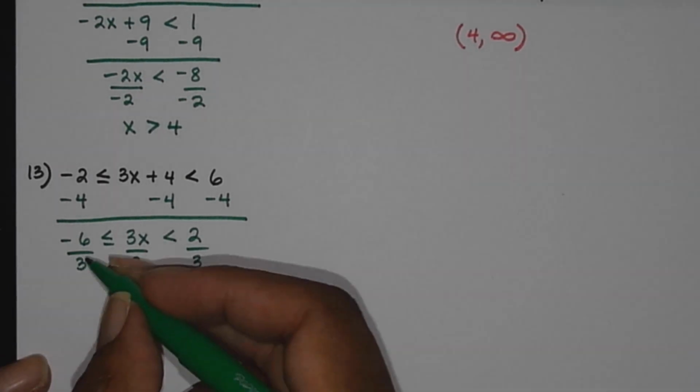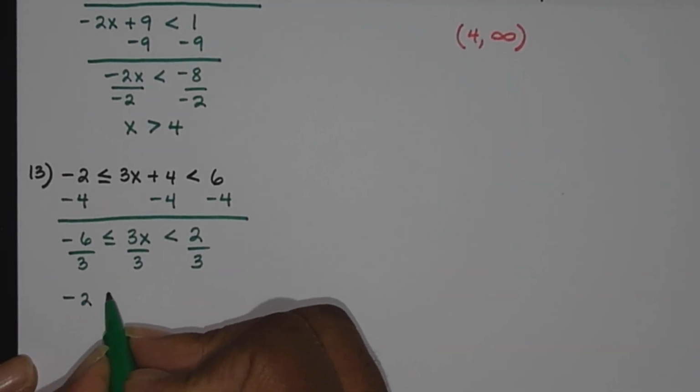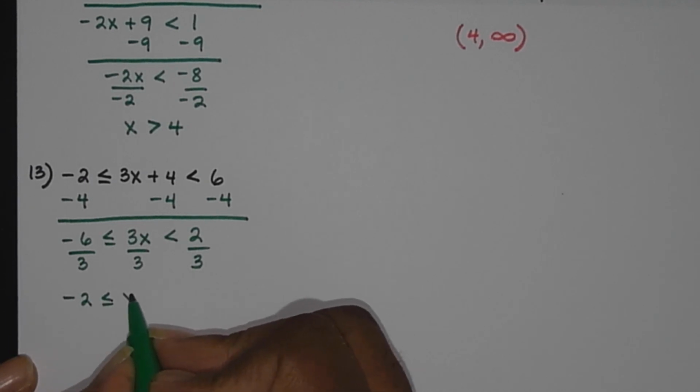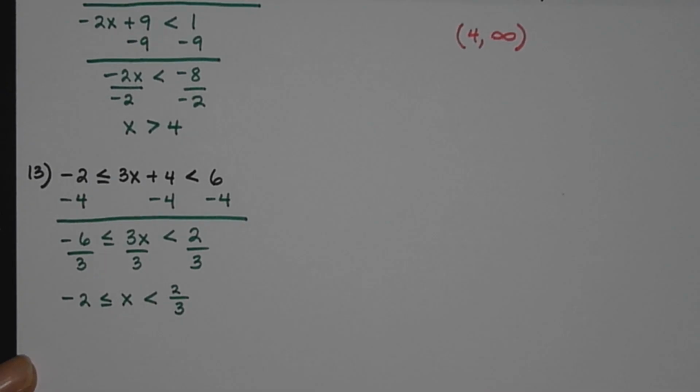And when I do that, negative 6 divided by 3 will be negative 2, less than or equal to x, and less than 2/3. So this is my solution set for this compound inequality: negative 2 is less than or equal to x and less than 2/3.